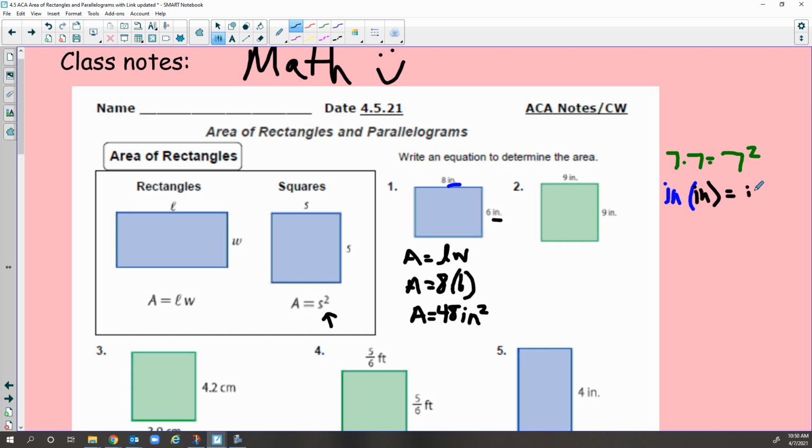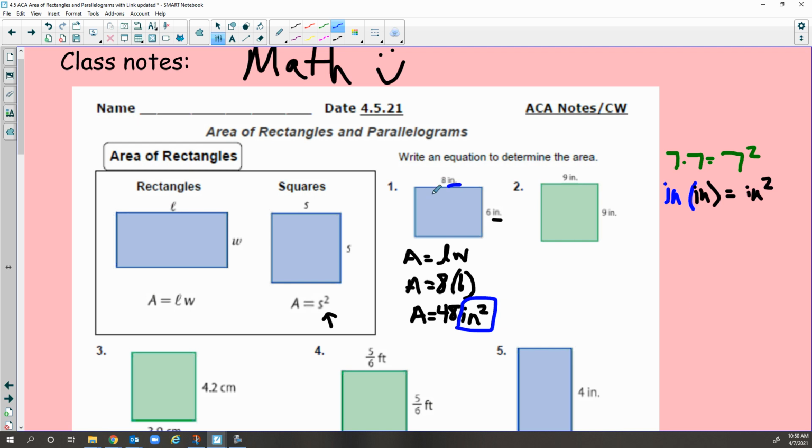It'd be inches squared. That's the math behind why we show area of two-dimensional figures, such as squares and rectangles, as inches squared: because we are taking inches times inches. So when we label our units, we have to make sure we include square units.